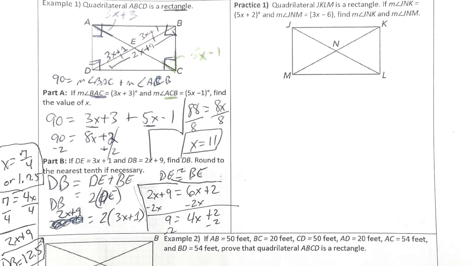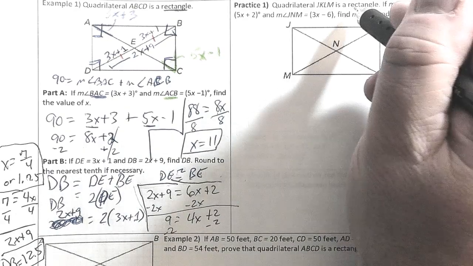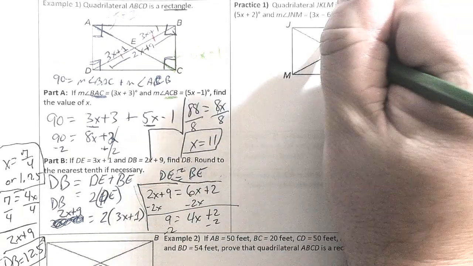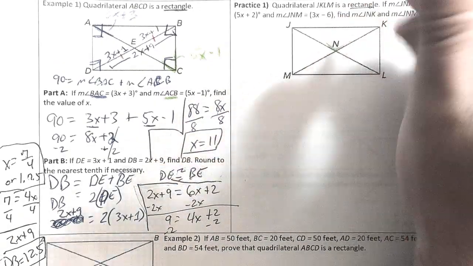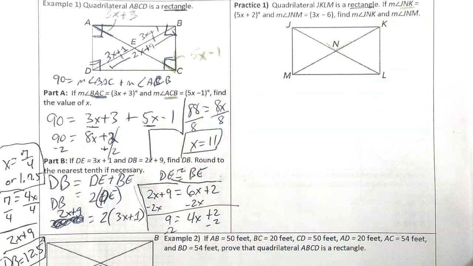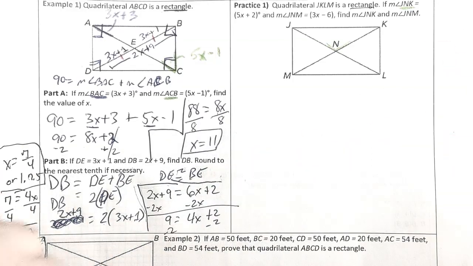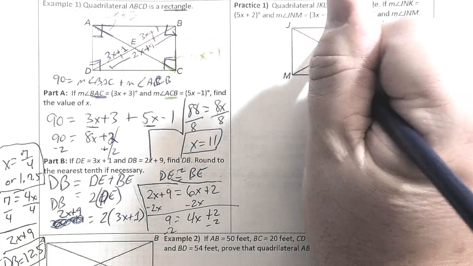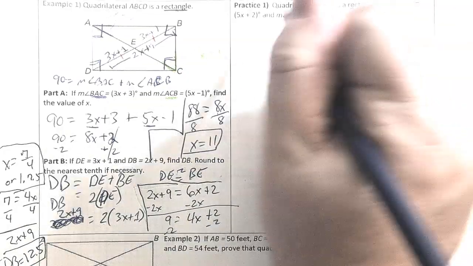So practice 1. They tell you it's a rectangle. I'm going to help you set it up. So JNK, that's this guy, and then JNM is this guy.